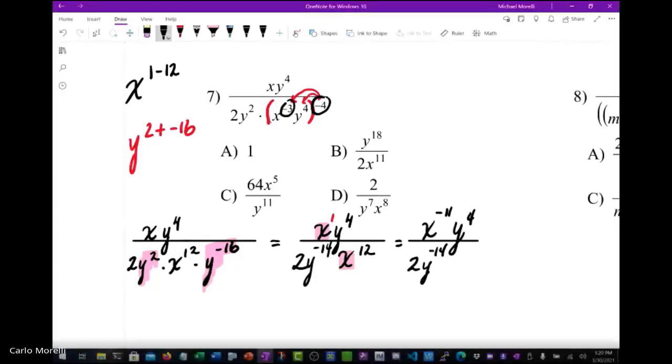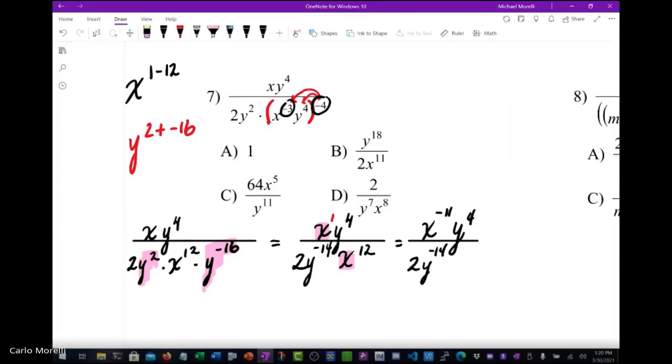Okay? So now we're going to play this negative exponent game. So remember, negative exponent means if I have 1 over a to the m, or a to the negative m, that equals a to the m. Okay? And vice versa. If I have a to the negative m, that's equal to 1 over a to the m. So you just move it around.